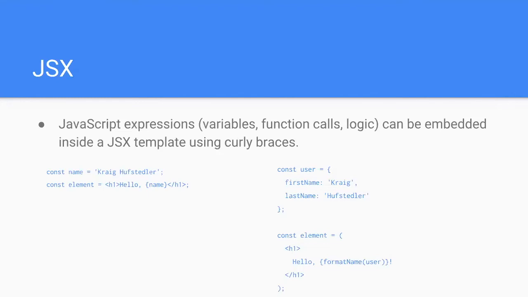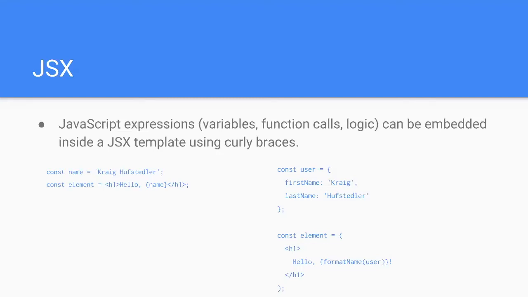Then we create a JSX element with an H1 heading, hello, and then our curly braces. Inside the curly braces, we can put any variable name, and the value of that variable will be injected into our HTML there. So whatever the value of name is gets injected into that HTML.